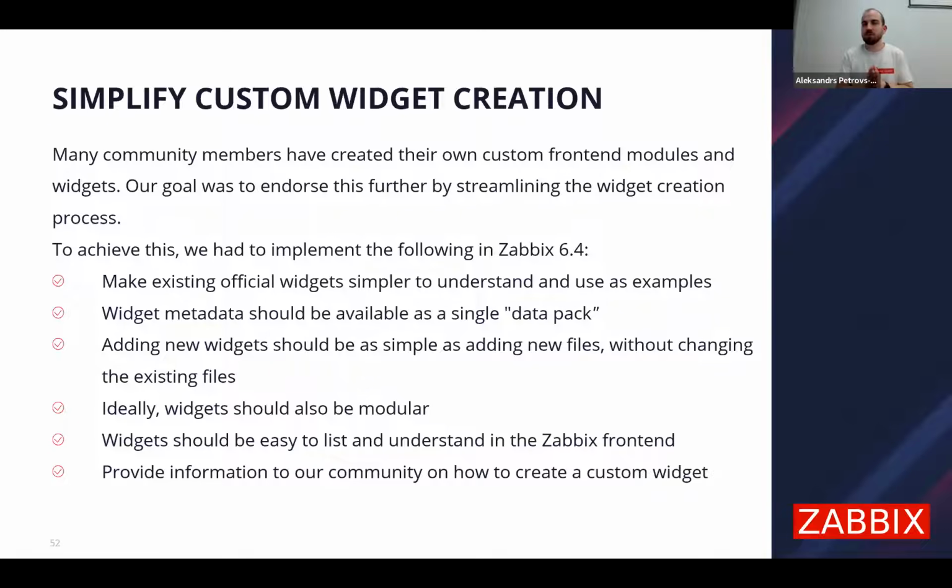Essentially, we just upload the folder with the widget, and that's it. The widget is there. Ideally, widgets should be modular, and it should be easy to list them and understand how to work with them using the Zabbix frontend.